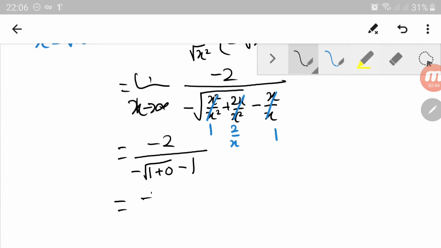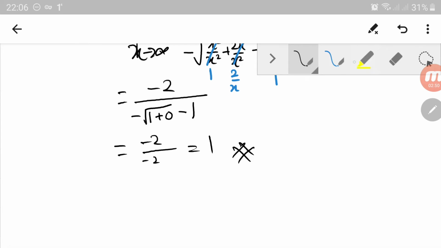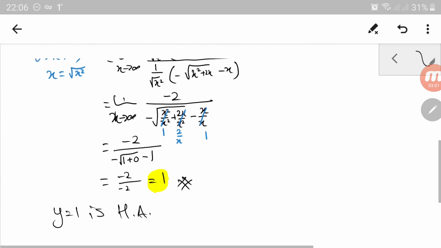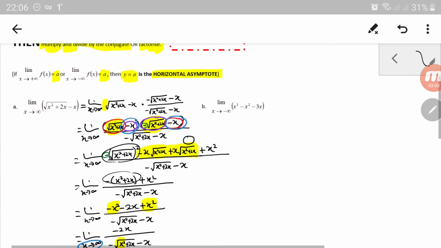And then minus 2, therefore the limit is 1. Now, as I said previously, if you get a constant, y equals 1 is the horizontal asymptote. So that's for the first example.